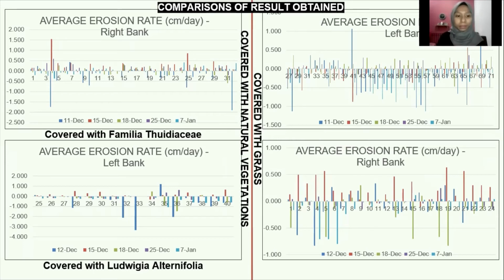And then the section that is covered with Ludwigia is near the Awesome office, at the bend section at the left bank. And then the other two that are covered with grass are the rectory building bend section of the left bank, and the last one near the Awesome office at the bend section as well, on the right bank.